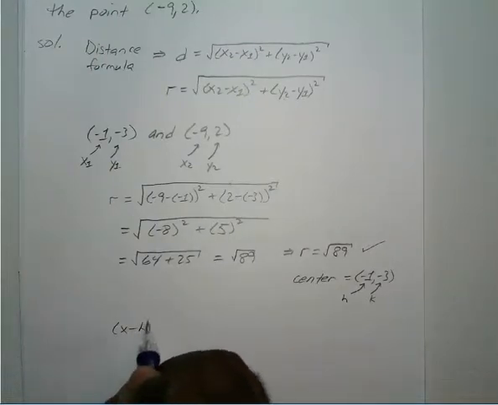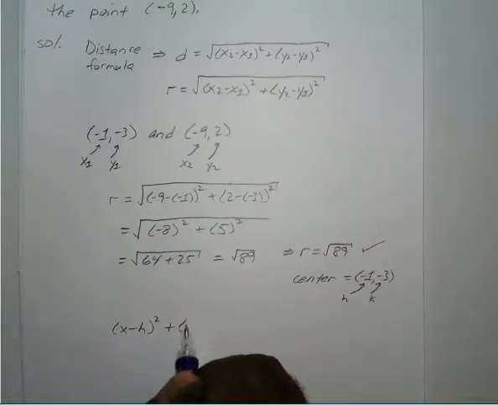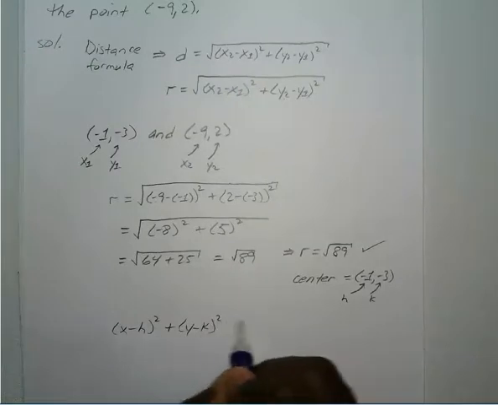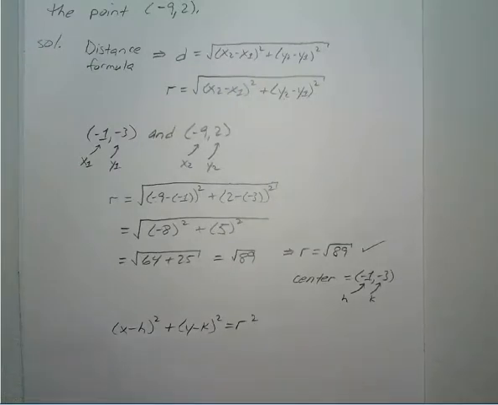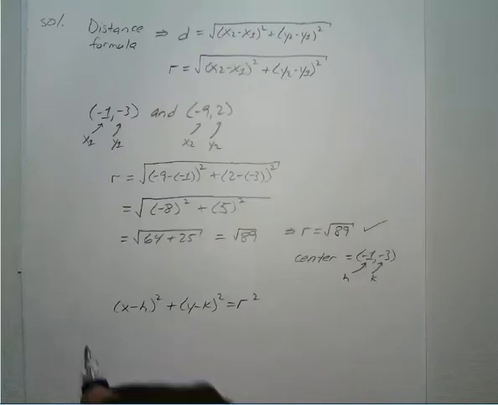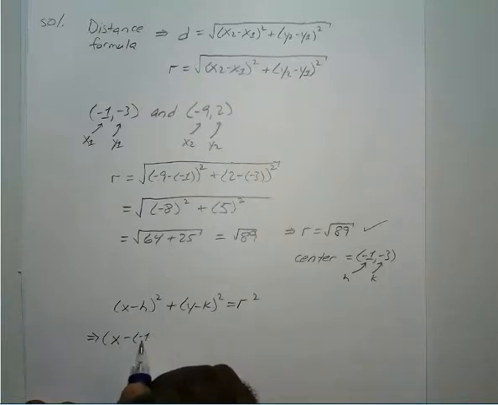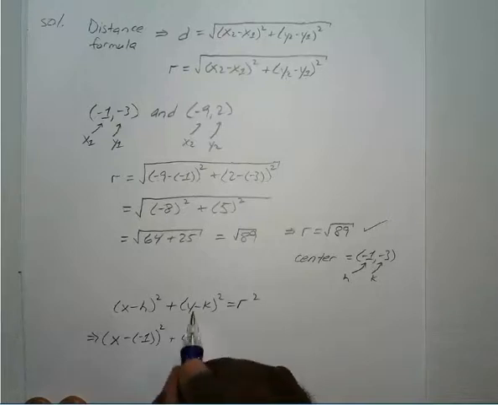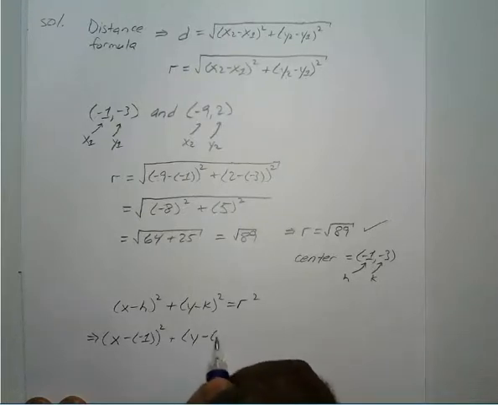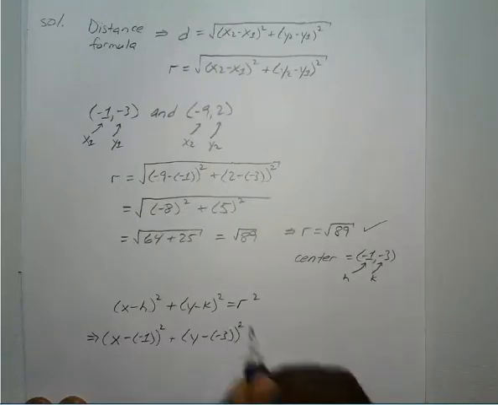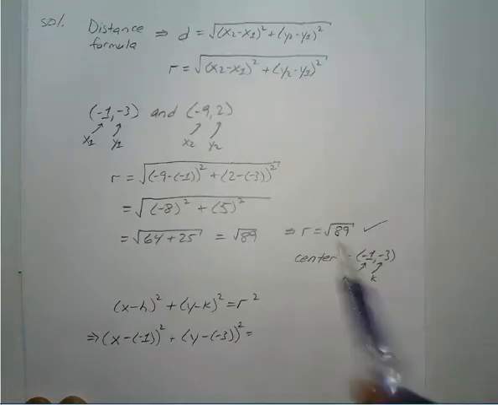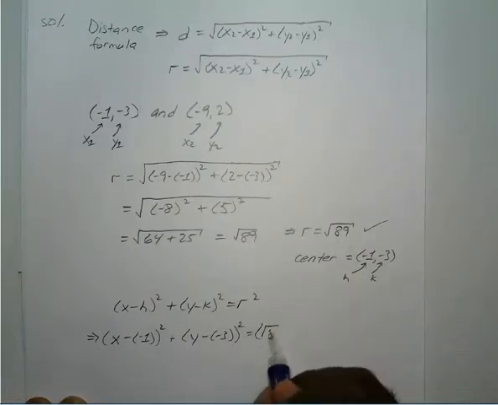So x minus h squared plus y minus k squared is equal to your radius squared. That will give us x minus h is x minus -1 squared plus y minus k is y minus -3 squared equal your radius squared, so that's square root of 89 squared.